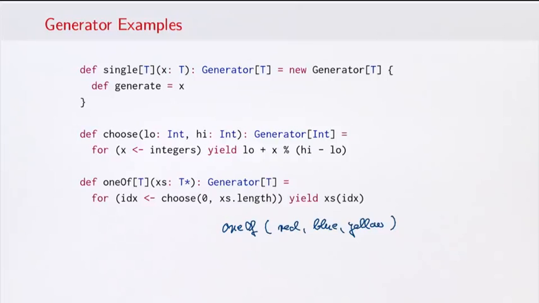And what it would do then is it would choose an integer between 0 and the number of choices that you have passed, and you pick the choice which is at this index in the list of choices that are passed by T*.